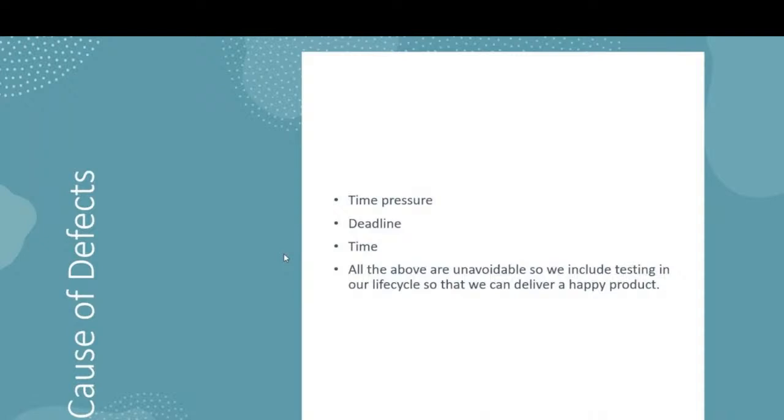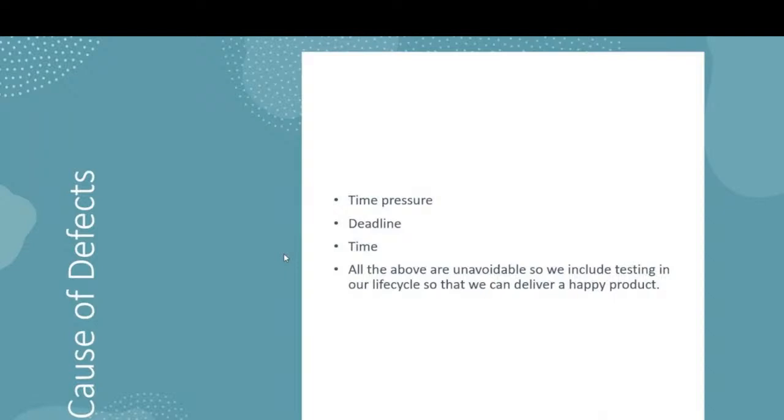So these are some of the causes of defects, and you cannot avoid any of them. You cannot keep building your product for hundreds of thousands of years; there will be some deadline.